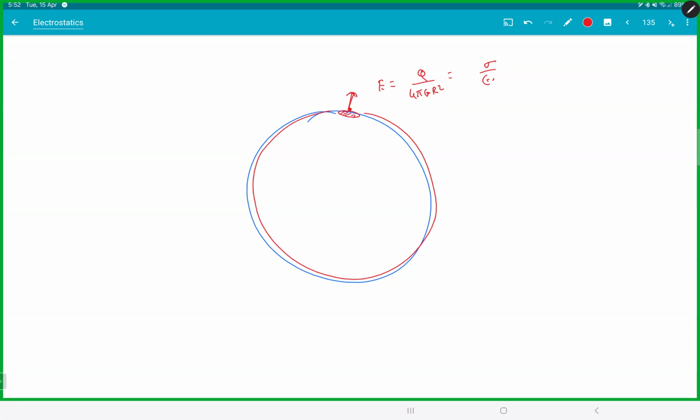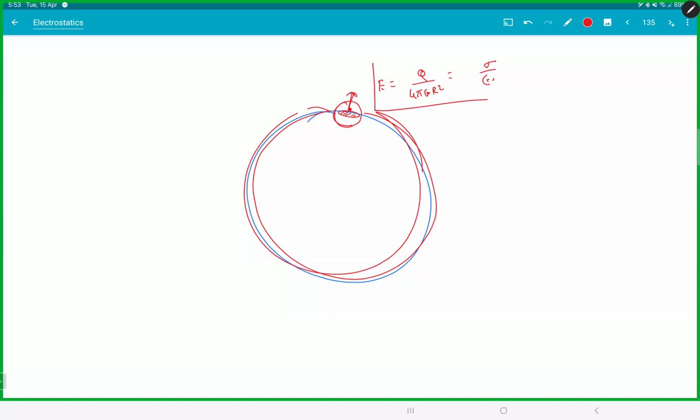Now you tell me, if I'm trying to find the force on the small patch, can I take the field due to the small patch on myself? Are you getting the point? Whenever I ask you to find the force on the small patch, I should not take your own field on yourself. I need to take the field due to the remaining people on you.